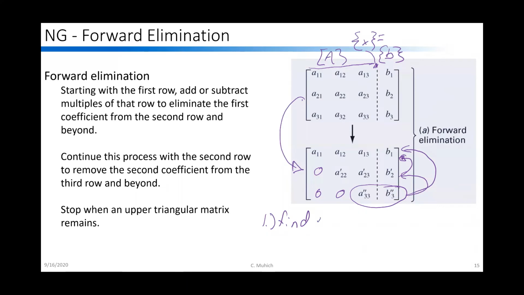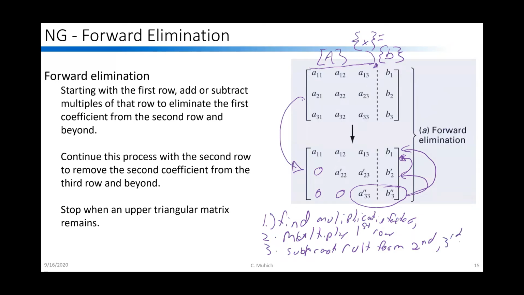So find a multiplicative factor, multiply the first row by it, and then subtract the result from, say, the second row, third row, etc. We're going to do this again and again until we get that nice upper triangular matrix.